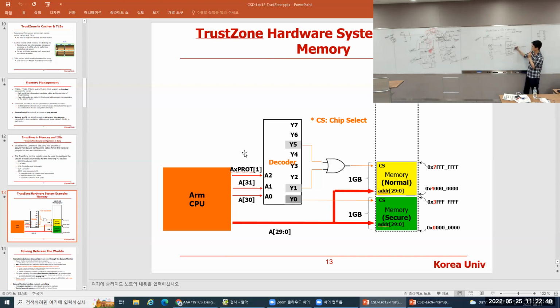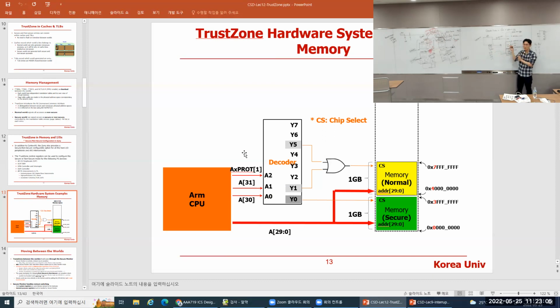Then the start location is 0x8. How about the last one? 1, 1, 30 zeros. Right? So that means C. So by looking at these 2 bits, you can tell which memory you are talking about.